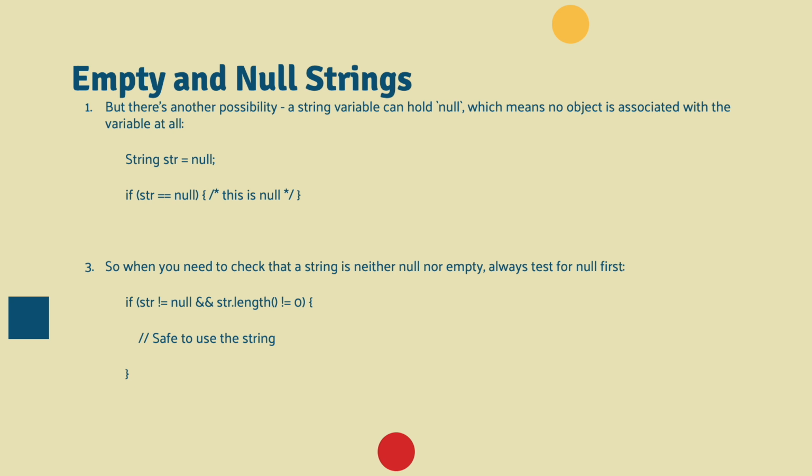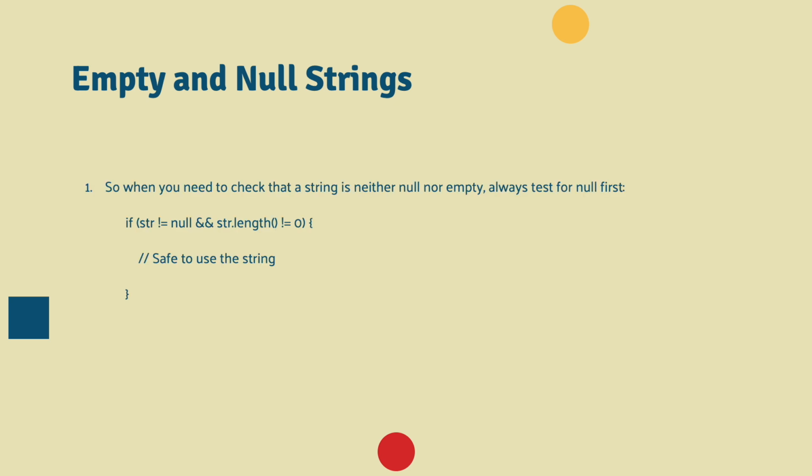But there's another possibility: a string variable can hold null, which means no object is associated with the variable at all. Here's something crucial: if you try to call methods on a null string, you'll get a null pointer exception. So when you need to check that a string is neither null nor empty, always test for null first. The order matters. If str is null and you check str.length() first, your program will crash.